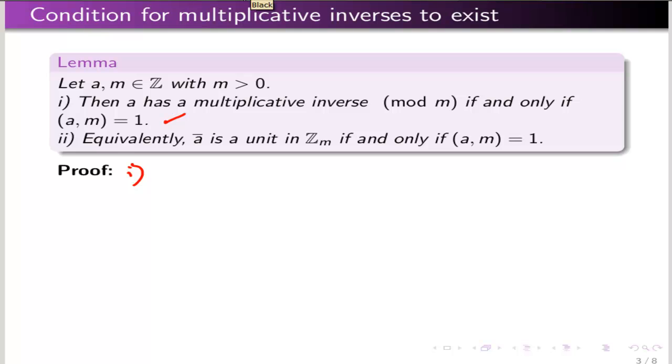So, why does A have a multiplicative inverse if and only if A is relatively prime to M? Being an if and only if statement, let's do two directions. First, suppose A has a multiplicative inverse.